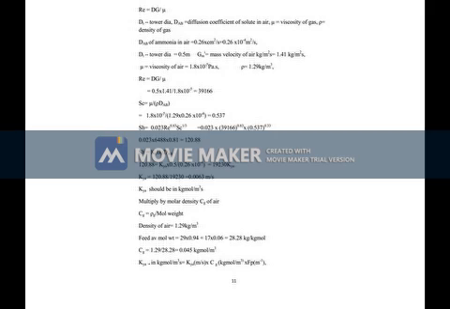Then you know the density of water, so you can find out the volume, that is mass flow rate divided by density, that is 1000. We will get the volumetric flow rate of liquid.